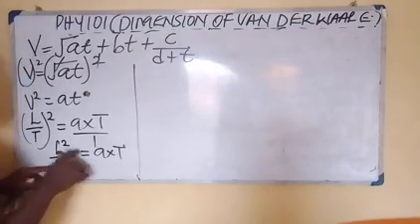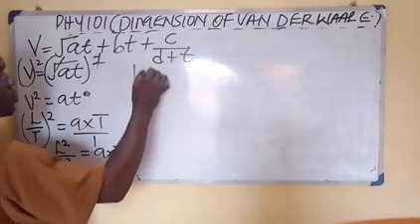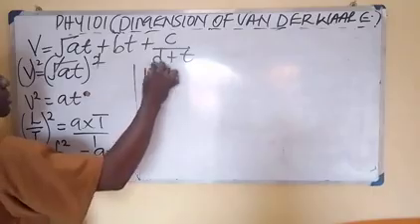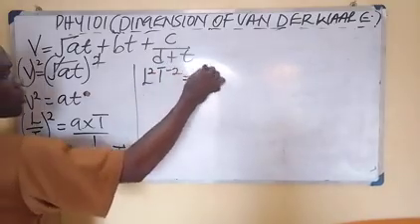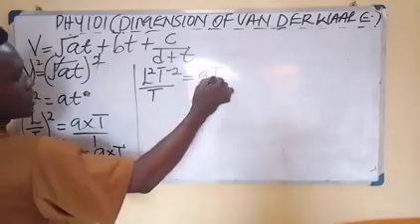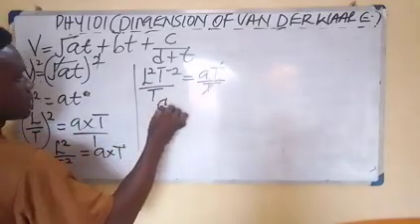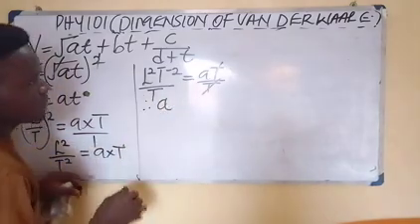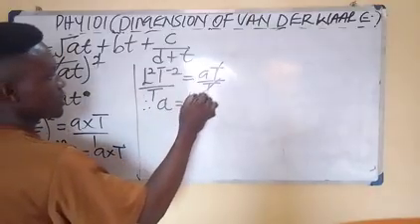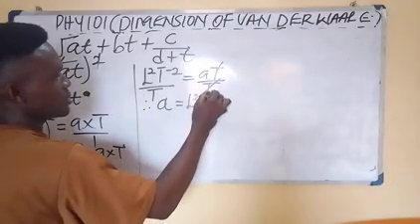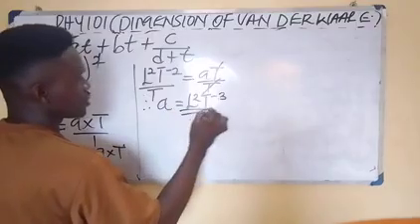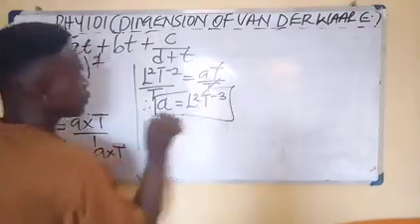Now if this T goes up, it becomes L squared T^-2 equal to what? A T. Divide both sides by T. This will go into this. Therefore, my A becomes L squared T^-3. That is T minus what? 3.